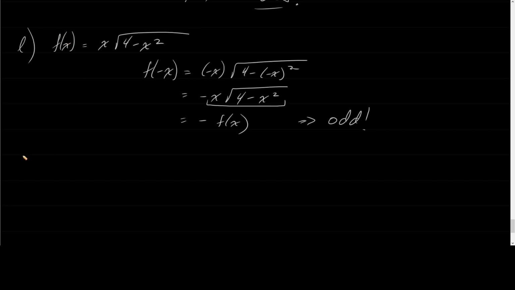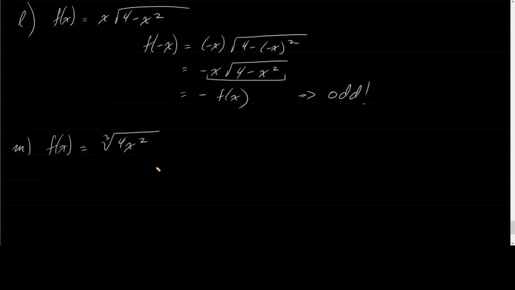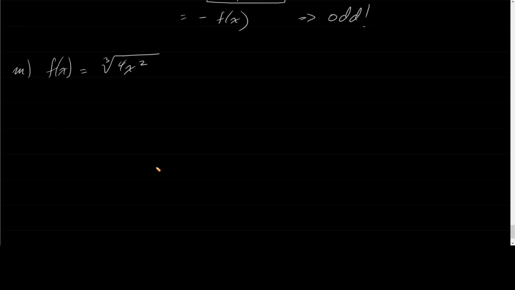Next one. So let's do another one where you cannot just rely on the exponents. Let's say that I have f of x is equal to the cube root of 4x squared, all right? And what is this going to give us? Well, let's figure out what happens when we plug in negative x, right? It's going to give us the cube root of 4 times negative x quantity squared, and the negative x quantity squared is positive x squared.